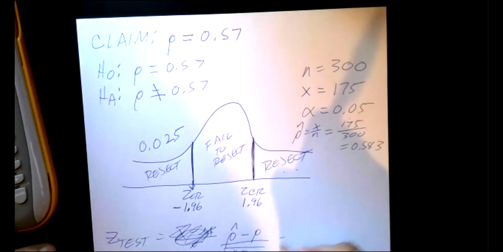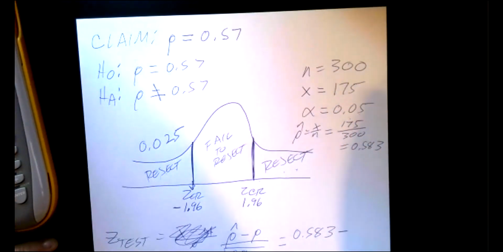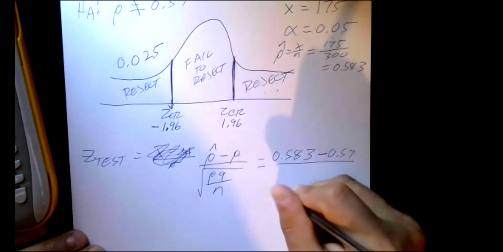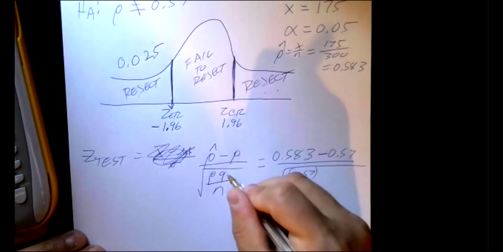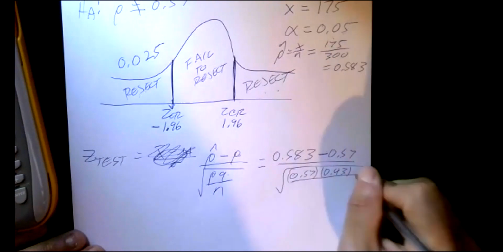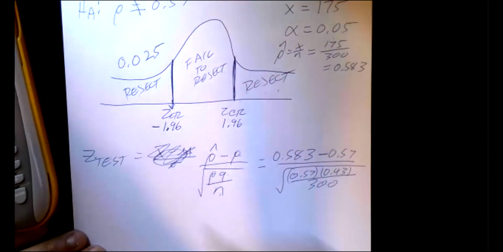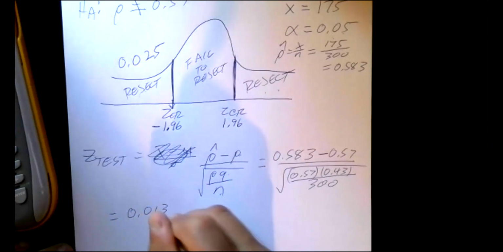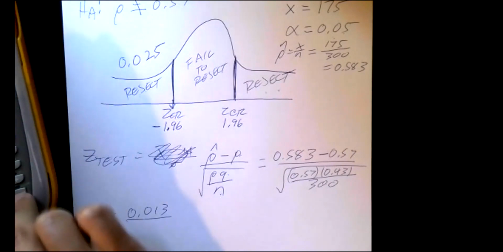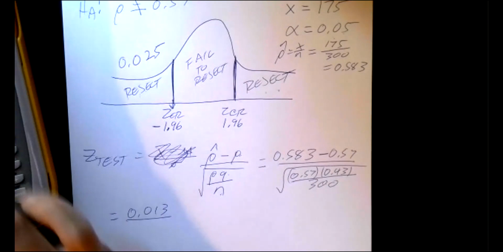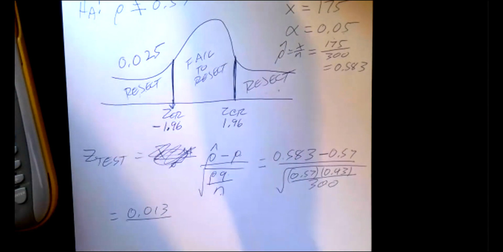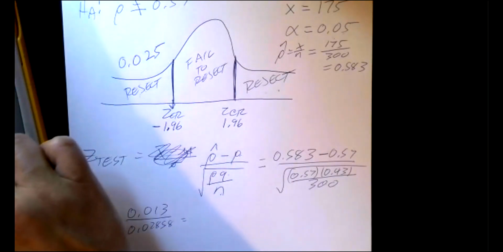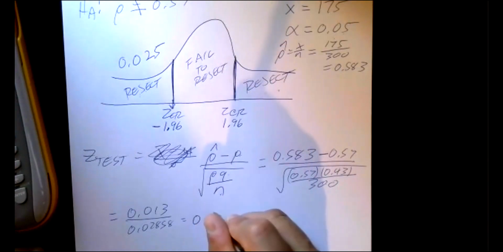And now we have everything we need. 0.583 minus population proportion is assumed from the claim. 0.57, P is 0.57, Q is 1 minus P, which is 0.43, in the sample size is 300. 0.45.